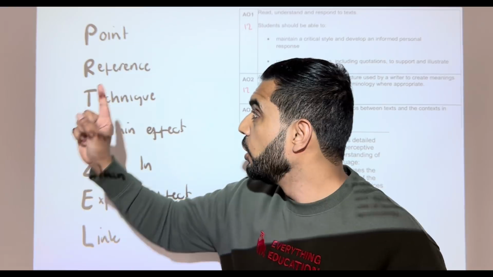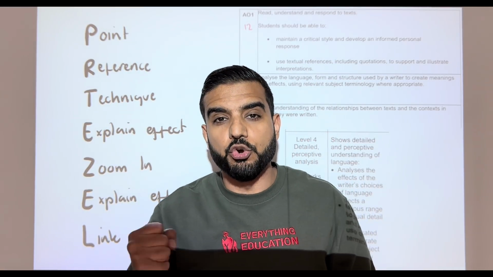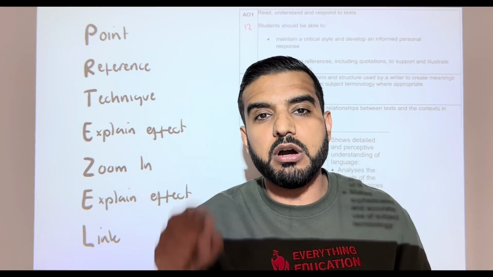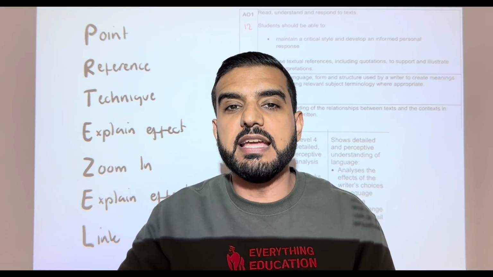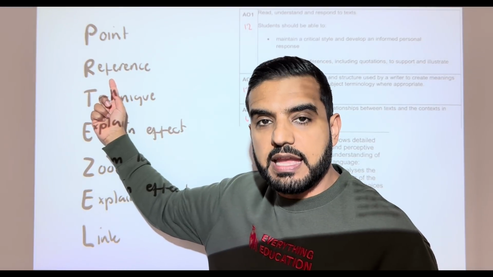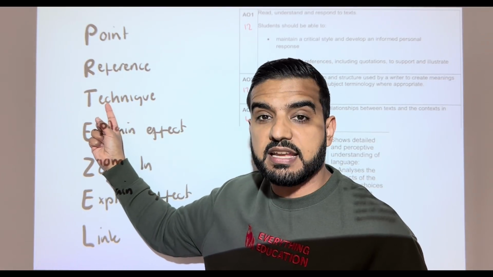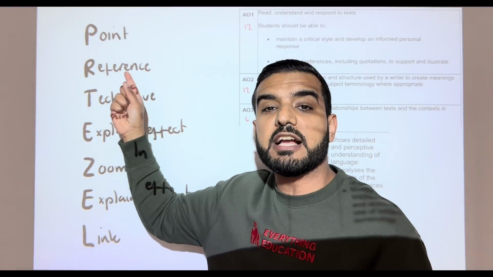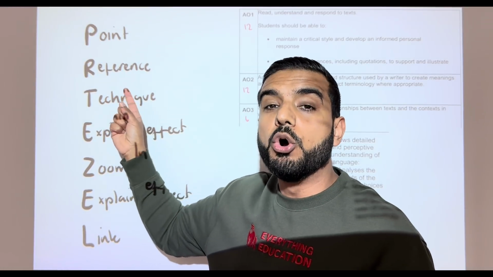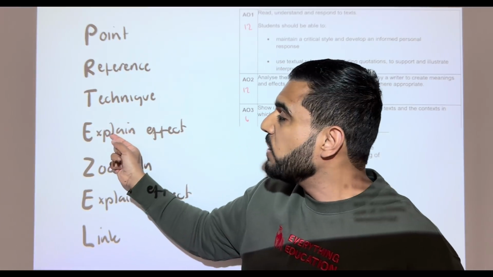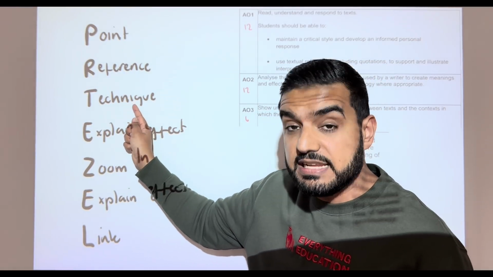Remember, guys, you begin with a point. Your point is you telling the examiner that this is what I'm arguing in this paragraph. Then you back it with the quote. Then in the quote, you find a technique. If you can't find a technique, either stop using that quote because it's a rubbish quote, or start talking about verbs and adverbs and so on. Then you explain the effect of the technique.